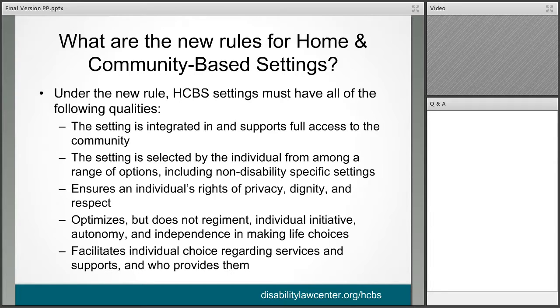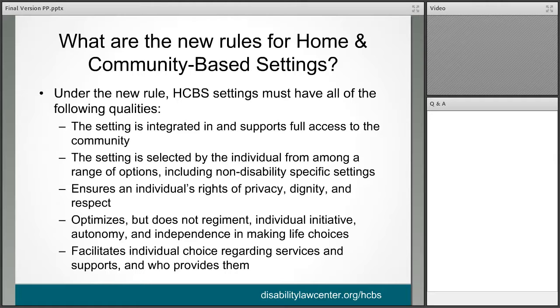And that's okay, so long as the setting provides the same degree of access that individuals not receiving services in the surrounding community have. And so the second quality is that the setting is selected by the individual from a range of options, including non-disability specific settings.